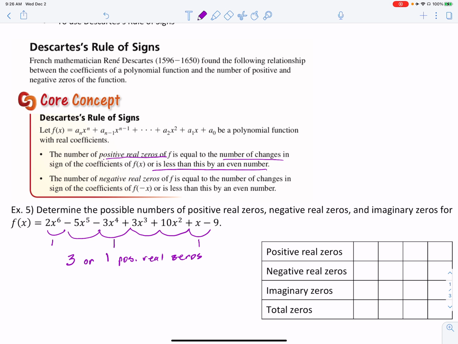Then for the number of negative real zeros, you have to replace x with negative x in the function and count the number of sign changes.